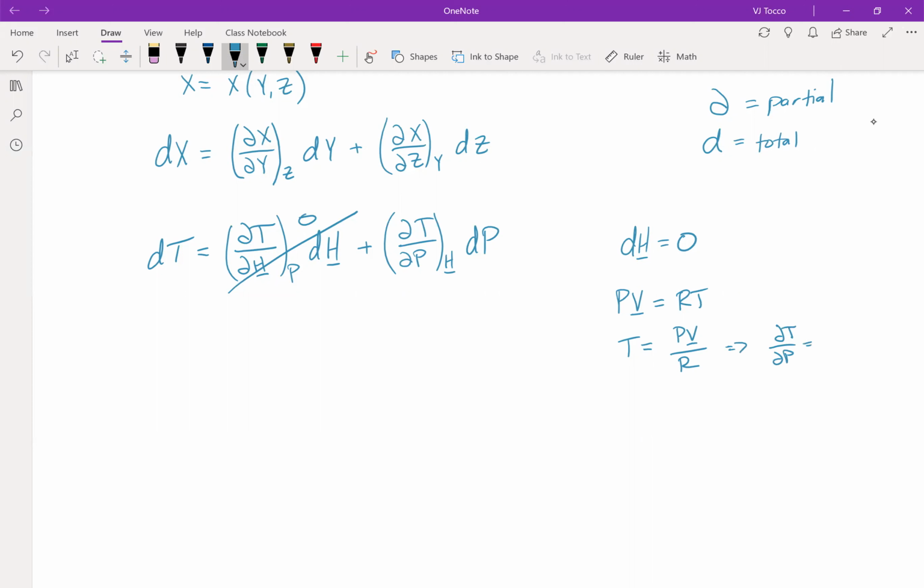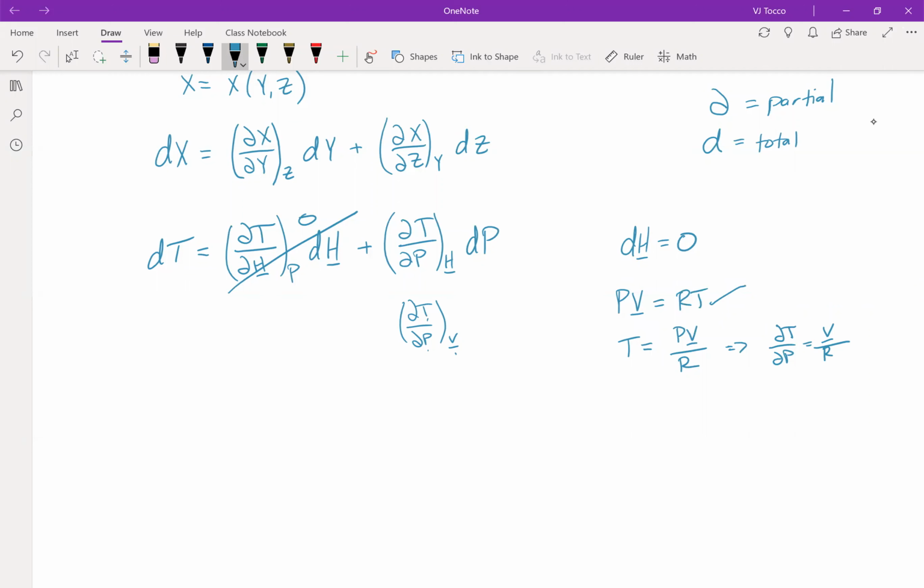You can't do that because if this were, instead of H underbar, dT/dP at constant V underbar, that would be okay. You could use the ideal gas law in that equation because it tells you that T is a function of P and V underbar, which is what the ideal gas law is.